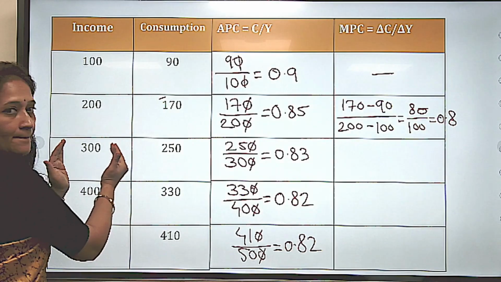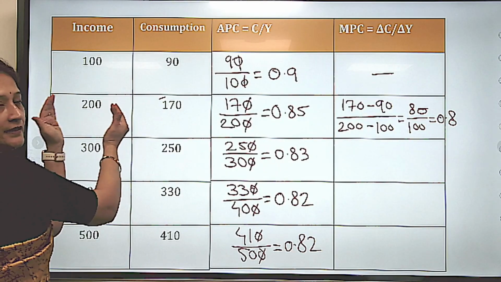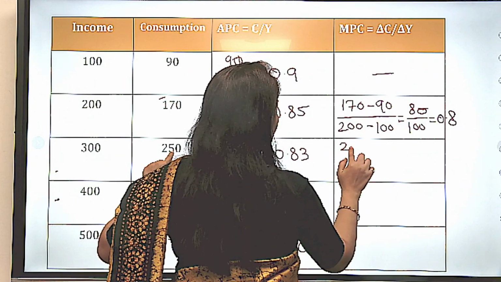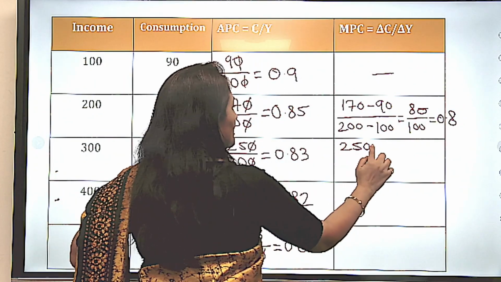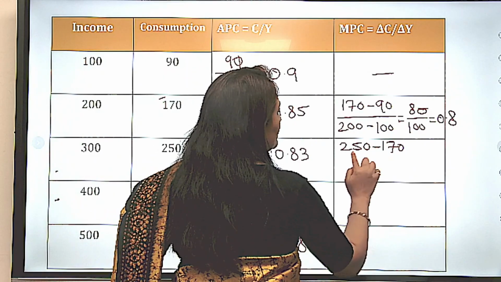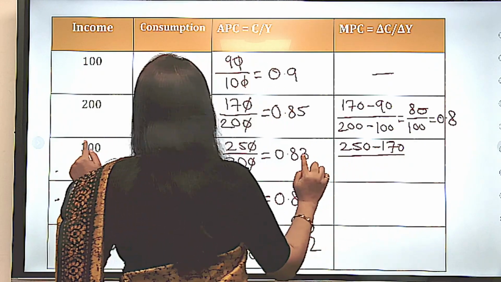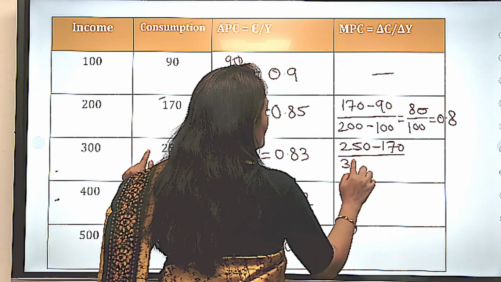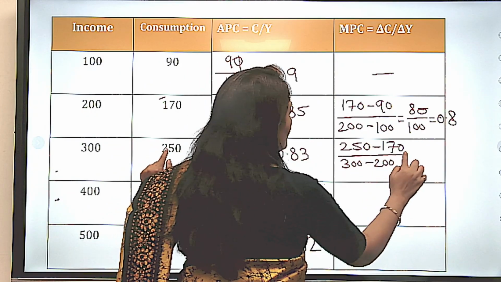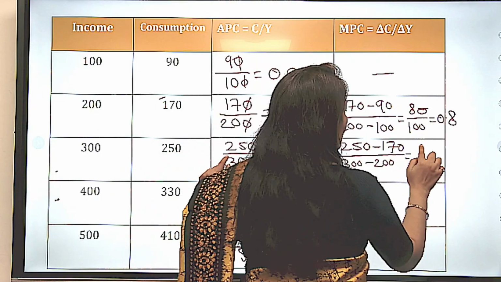Current income minus last period income. I'm just putting the values over here. Current consumption is 250 minus last consumption was 170 divided by current income is 300 minus last period income was 200.